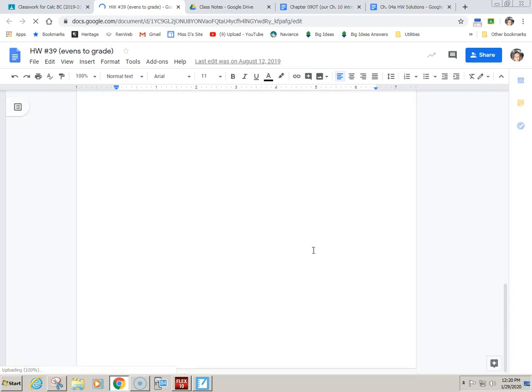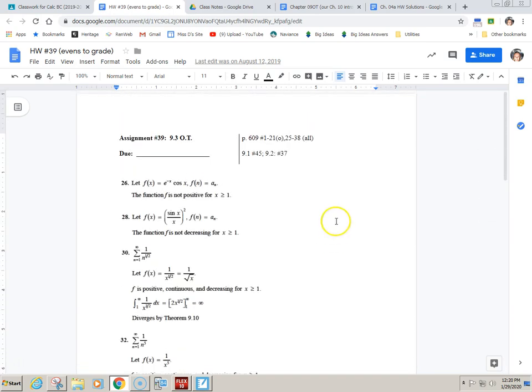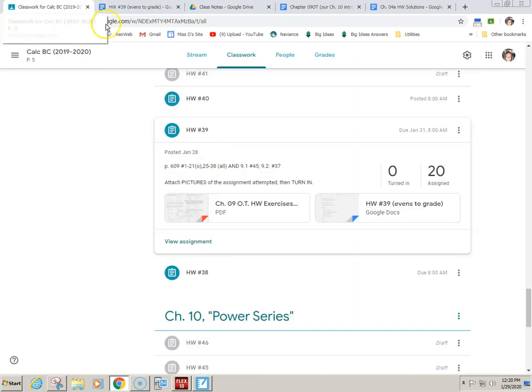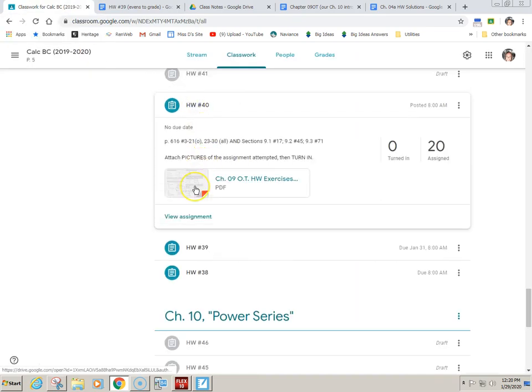Why? So you can do corrections at home and we can spend time in class on actually grading. Does that make sense? Sorry, homework number 39 is the one that's due on Friday. Why is homework number 40 up there? Hold on. Homework number 40 should not be up yet because we're having our quiz.